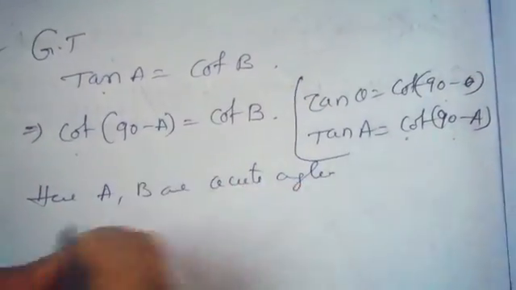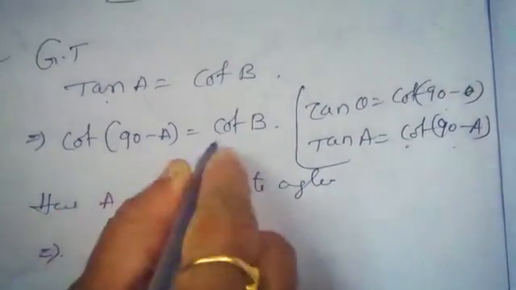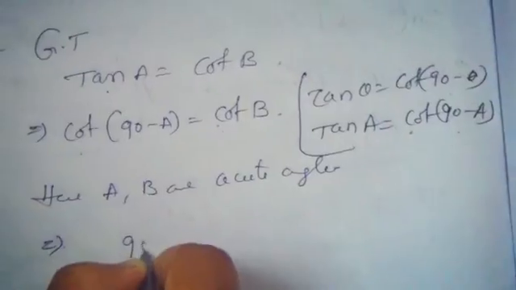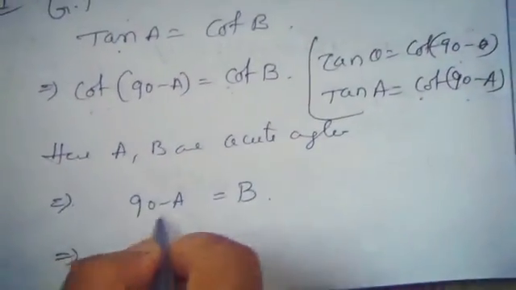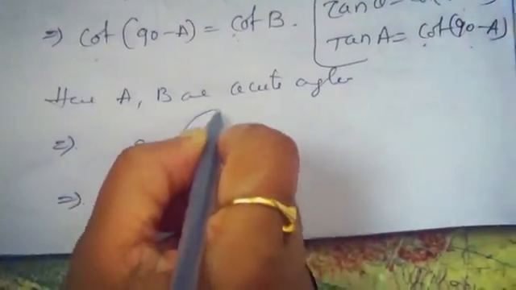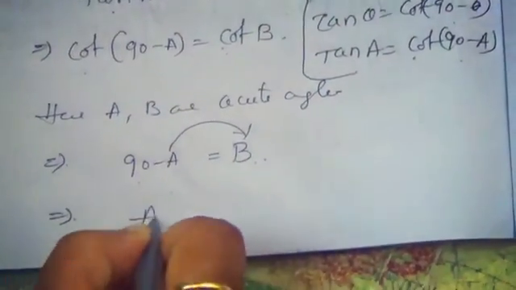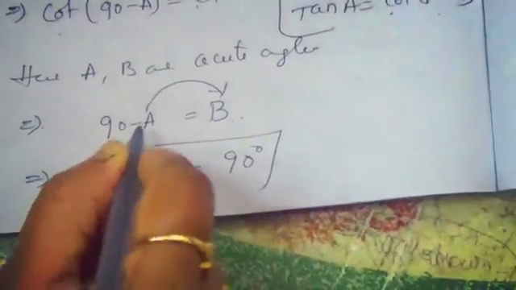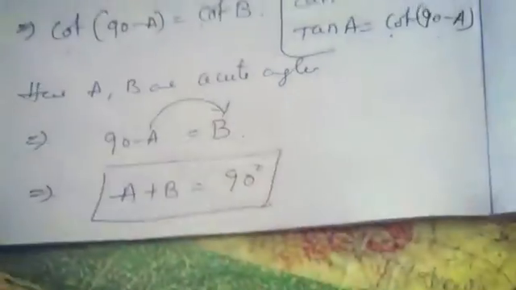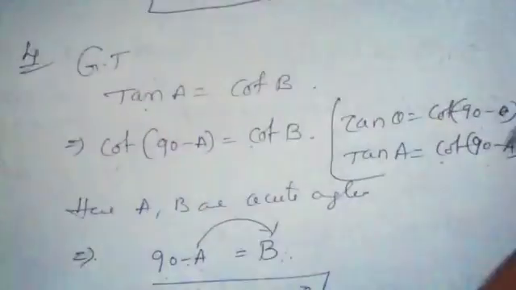So 90 minus A is equal to B. You just bring this A to the other side. Minus A becomes plus A. So A plus B is equal to 90 degrees.